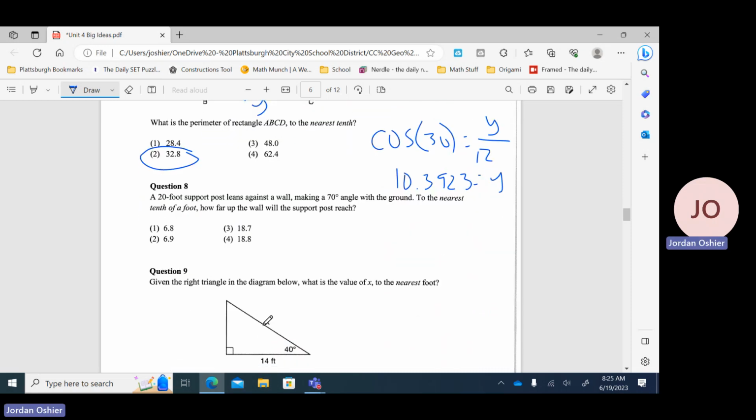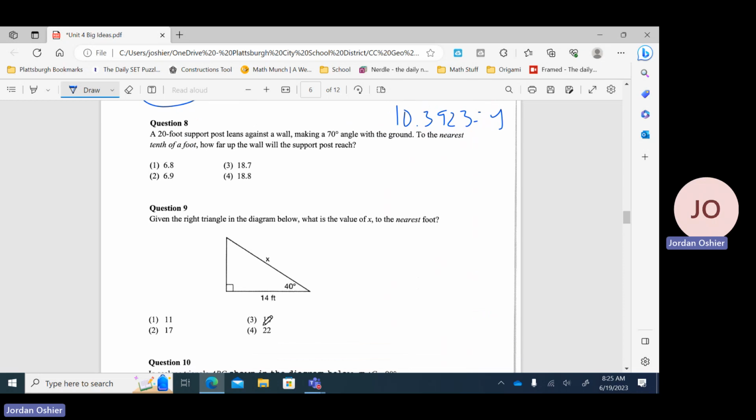In question 8, we have a 20-foot support post leaning against a wall, making a 70-degree angle with the ground. 70 degrees, 20-foot support leaning against a wall. How far up the wall will it reach? So again, this is going to be a SOHCAHTOA question. Sine of 70 equals x over 20. This is the opposite. This is the hypotenuse.